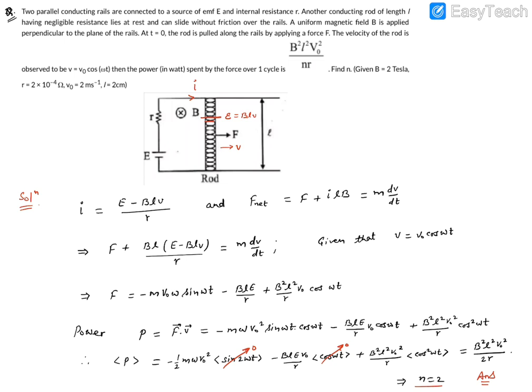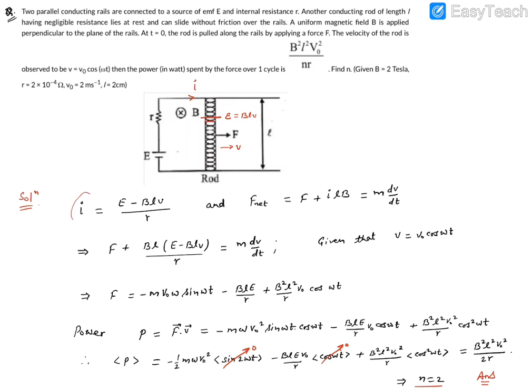Whenever current flows through a conducting rod, there is a force I L cross B if B is uniform. So this rod experiences a force because of the magnetic field, which will be ILB. The net force, from the applied force and the force from the current, must be equal to mass times acceleration, that is m dv by dt.